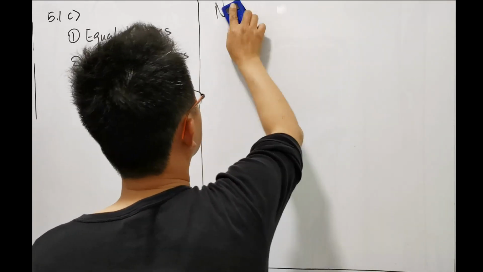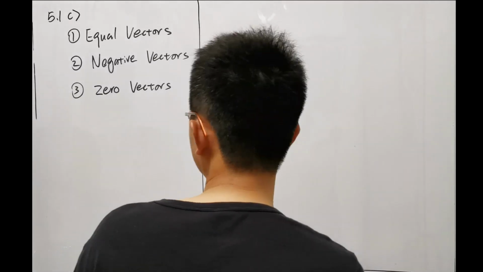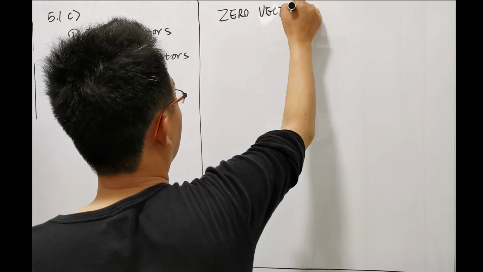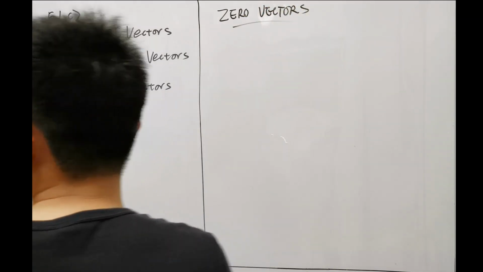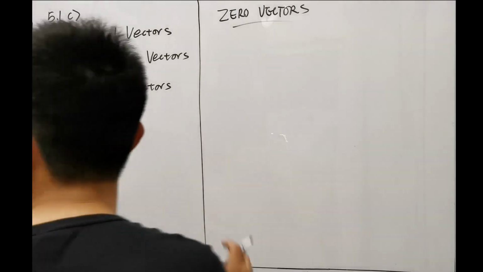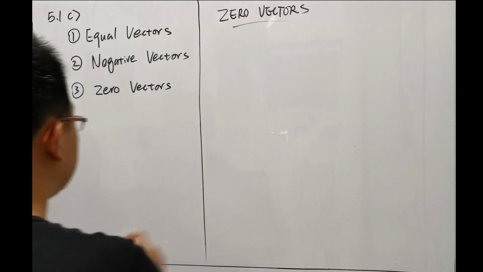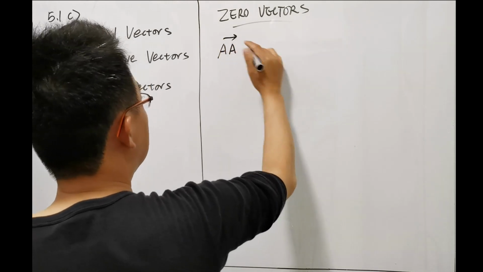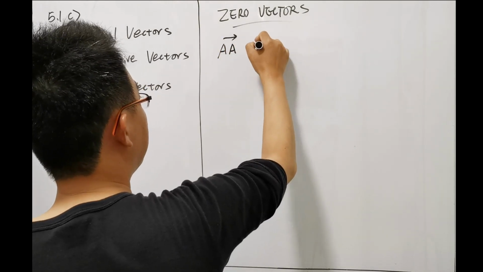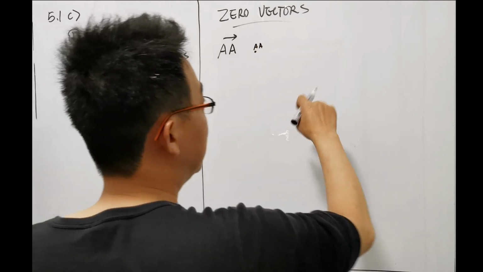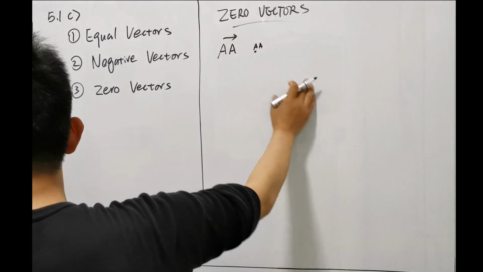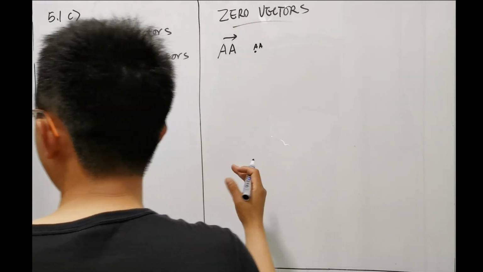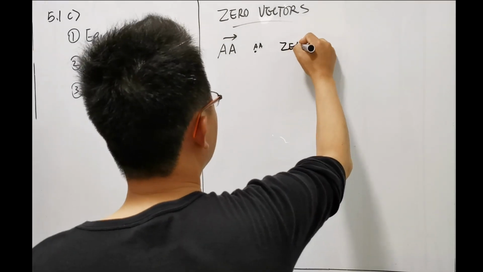Okay, for example we have one point, let's say A. Basically the starting point is the same as the ending point, that is, they have the same initial point and same terminal point, so they have zero magnitude.